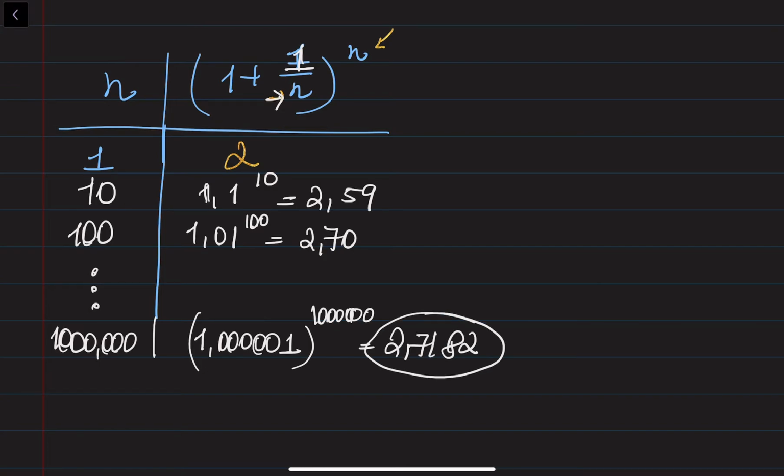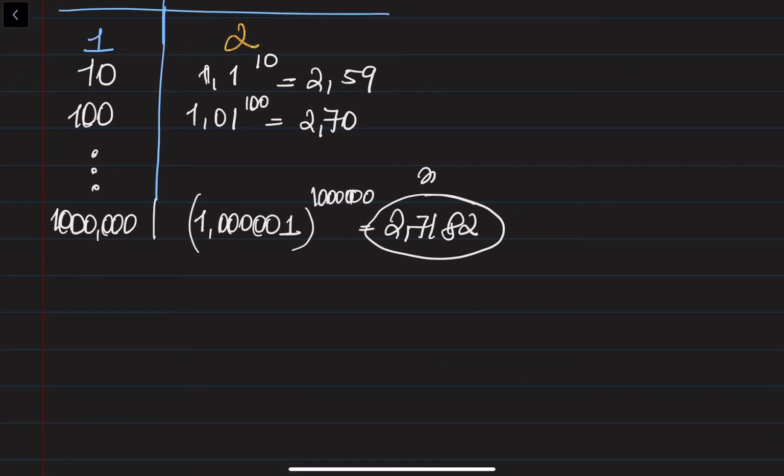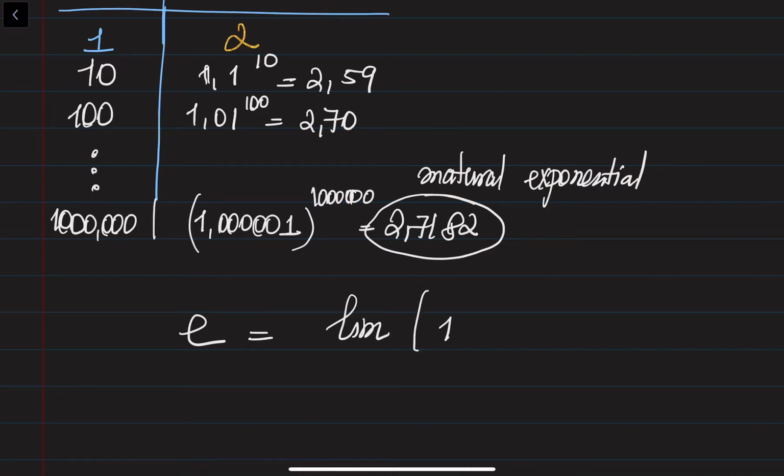So this number is a magic number. We call it the natural exponential number. It appears this e, the natural exponential number, is defined as the limit of (1 + 1/n)^n when n goes to infinity.